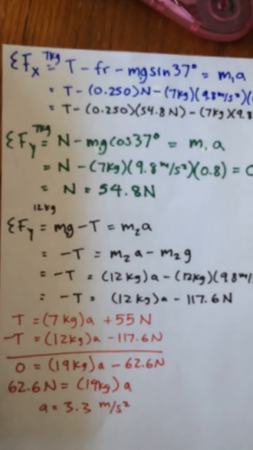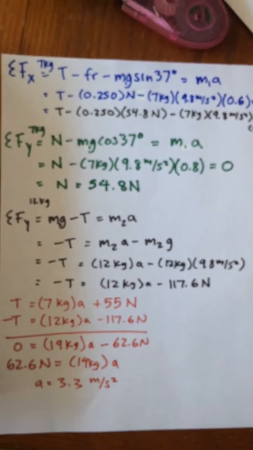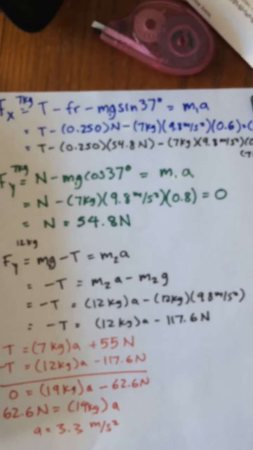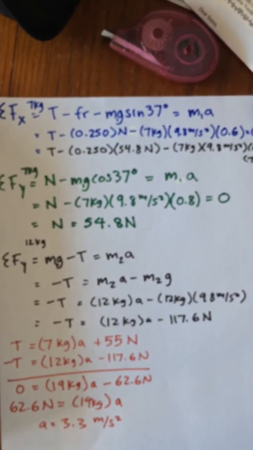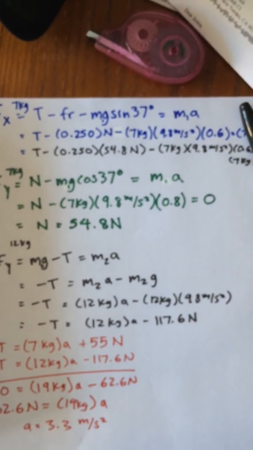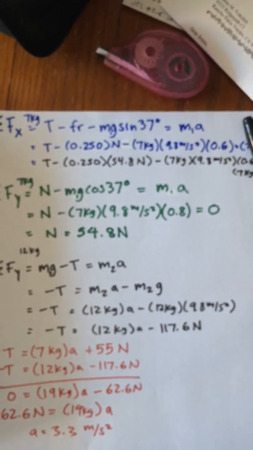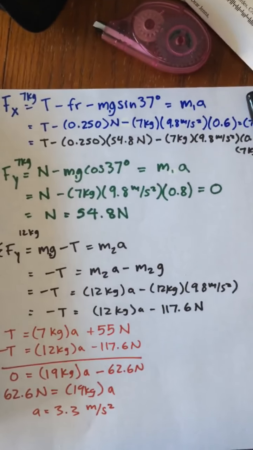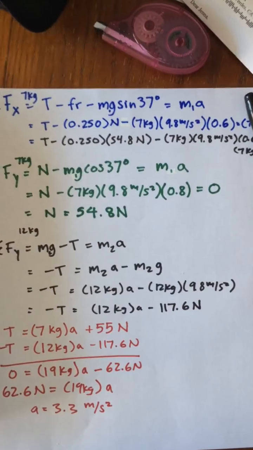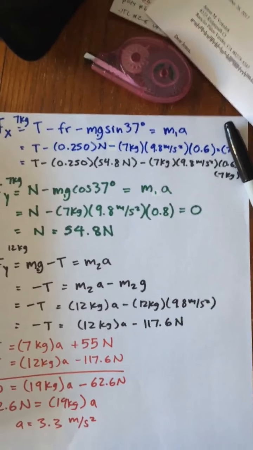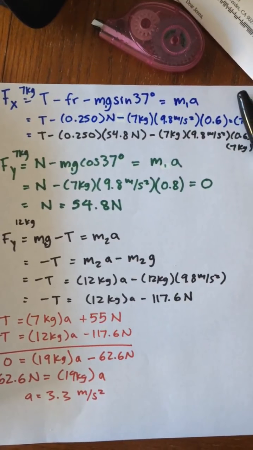So first, I found the forces on x for the 7 kilogram object, and I did that by setting it equal to tension minus friction minus m1 times gravity times sine 37 equals m1 times a, and plugged in until I had 3 unknown variables, but I can solve for normal force.